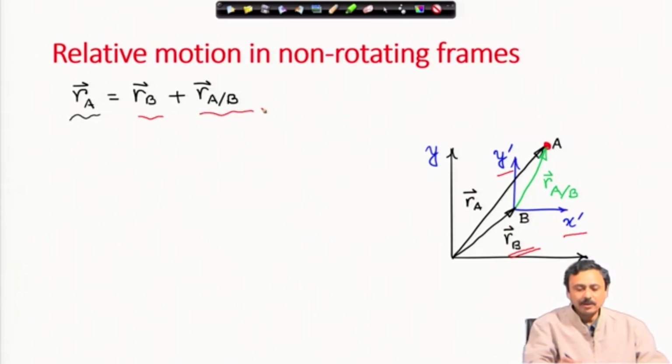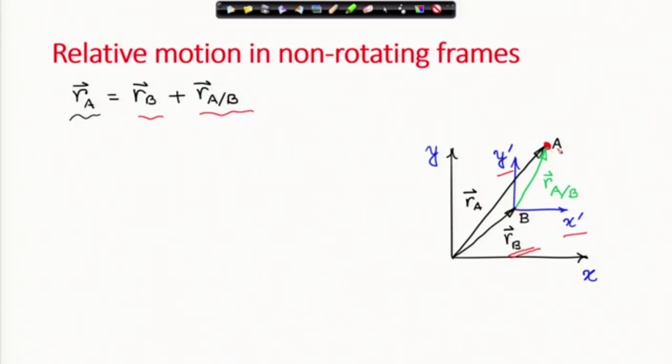R_A/B is the vector which an observer sitting in frame B sees to point A. So, R_A/B is the position vector of A with respect to an observer sitting at the origin of x prime y prime, which is B. The observer B is observing this point A, which might be moving, and that vector is R_A relative to B. Therefore, we can write R_A equals R_B plus R_A/B, which is straightforward. You can see it from this figure.